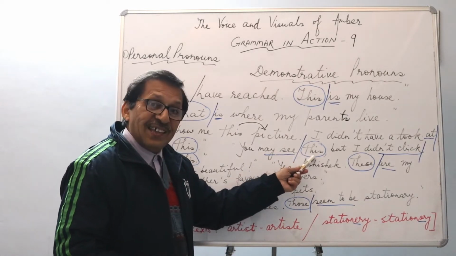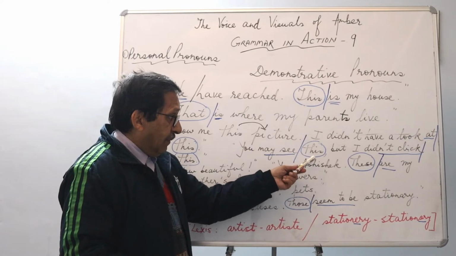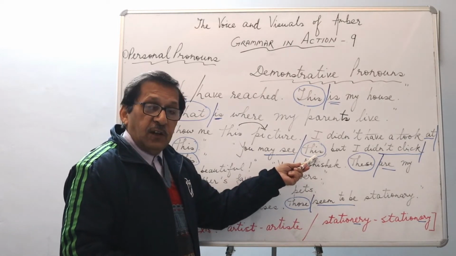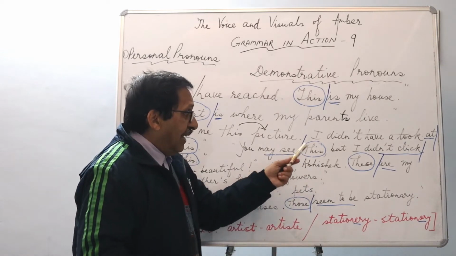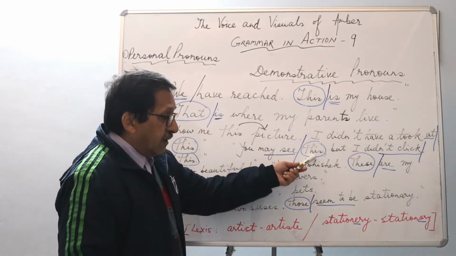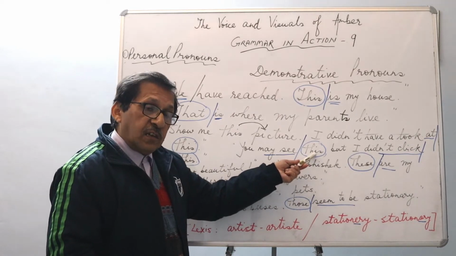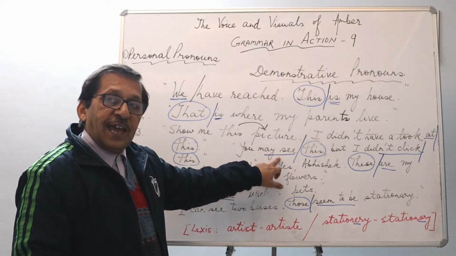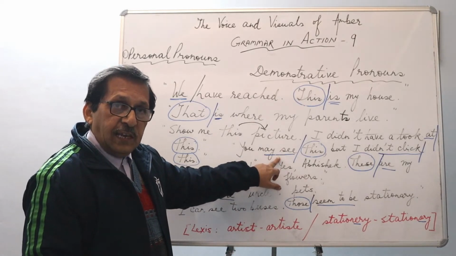You may see this. So this, again, is not accompanied by a noun. So here, therefore, it is a pronoun. You may see this. Alright, so this is a demonstrative pronoun acting as the object of the action verb may see.